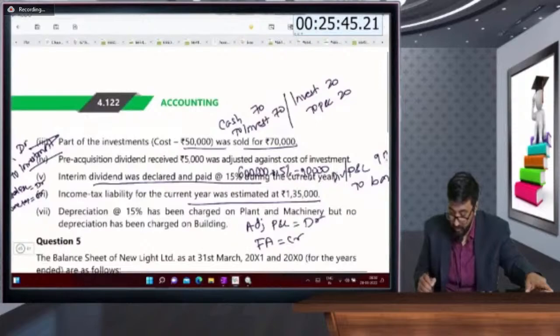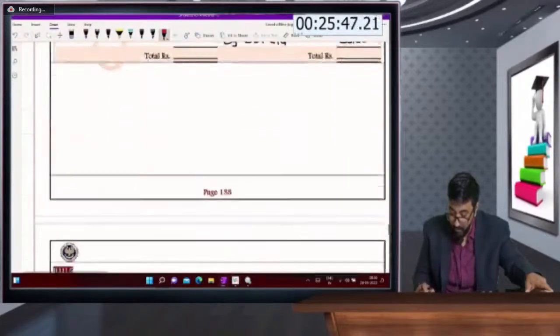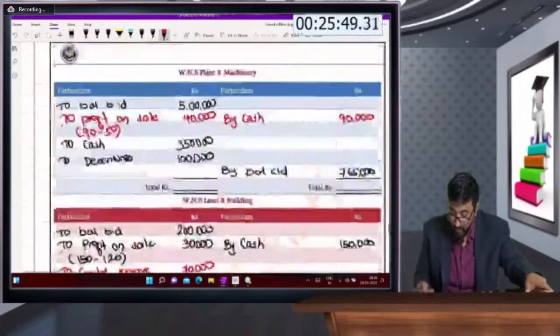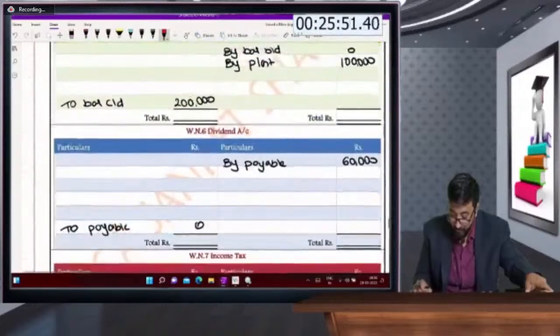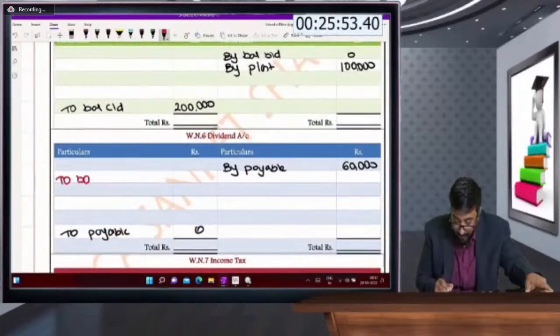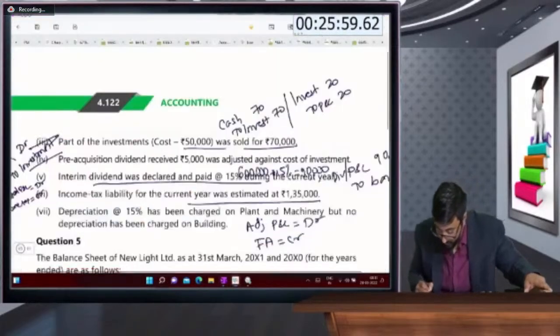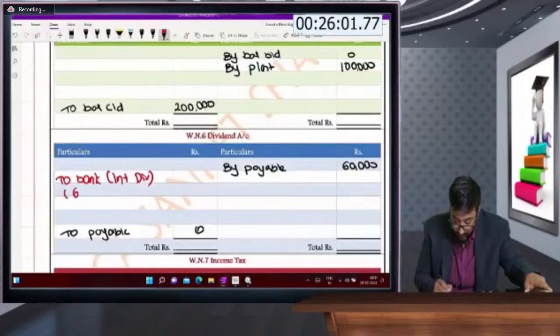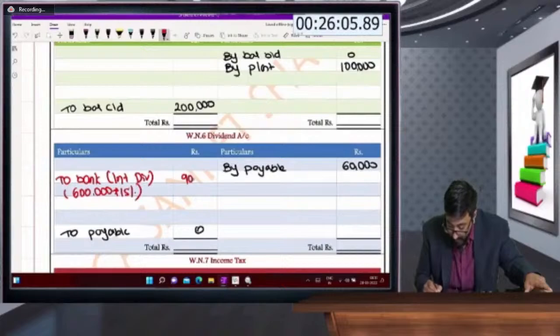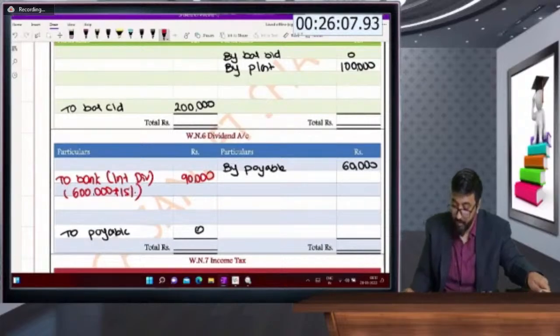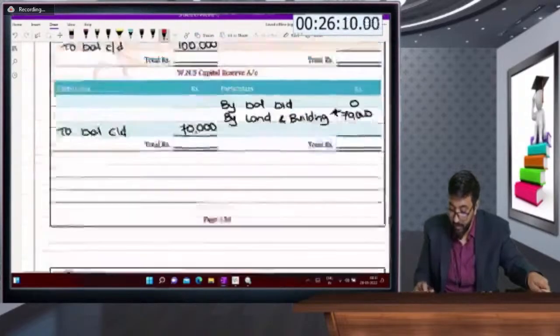This adjustment over. Interim dividend paid. So dividend in debit, to bank, red pen, interim dividend. So this is payment on 6 lakhs into 15%, red pen, 90,000. One effect debit.